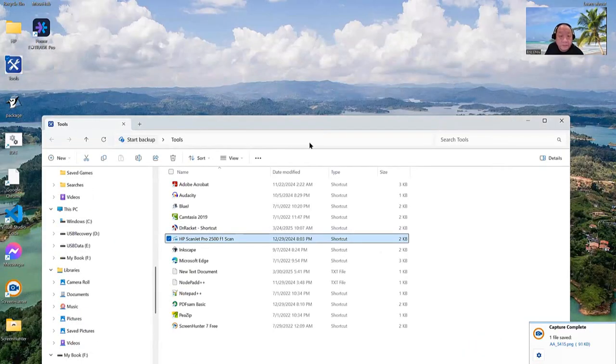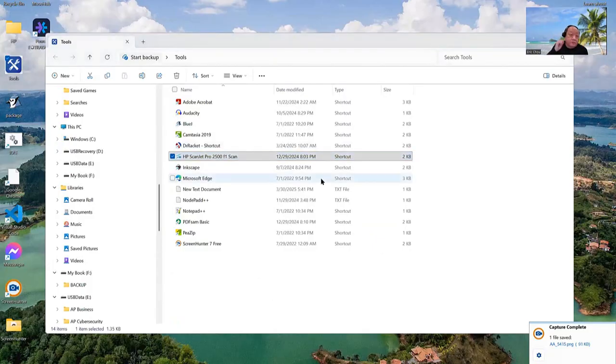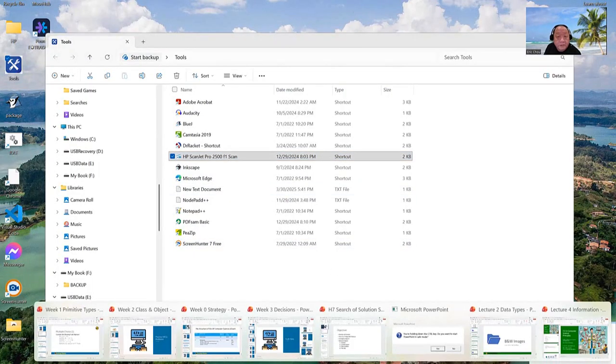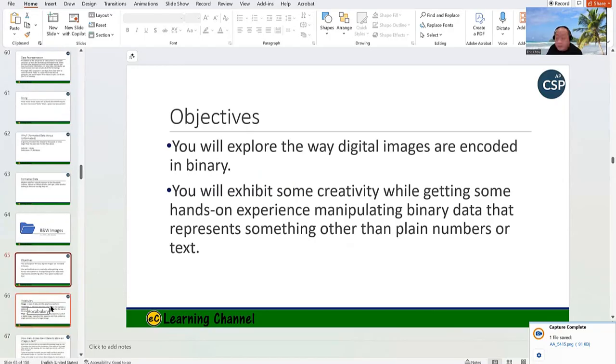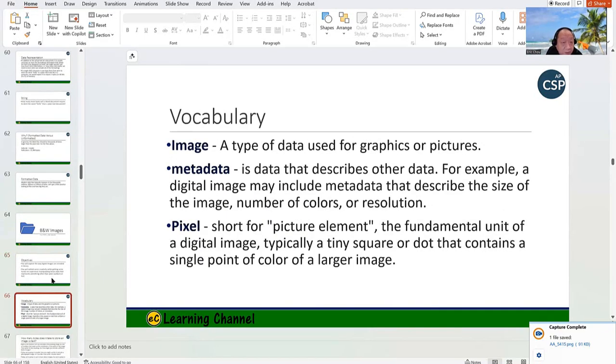I'm trying to use this scanner, but this scanner is not working. Let me try one more time, okay? Okay, I'll keep up. I would demonstrate some other time. I tried to demonstrate with my scanner, but my scanner doesn't seem to work today.